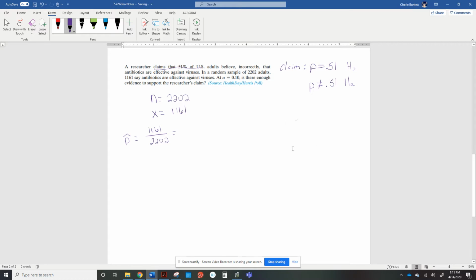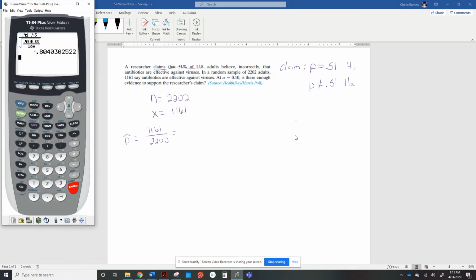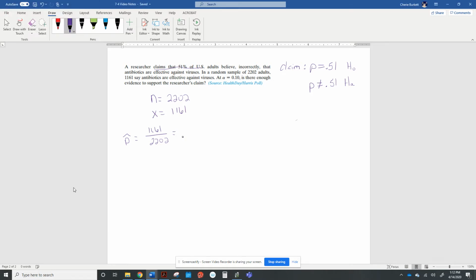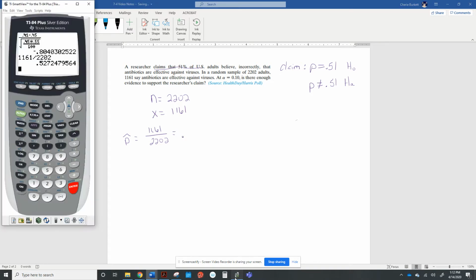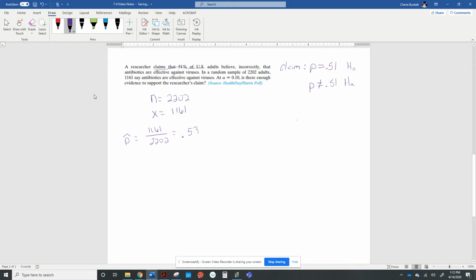So 1161 divided by 2202, and we get a p hat of about 0.53. This is 2 decimals, so I'm going to do this one to 2 decimals, so about 0.53.